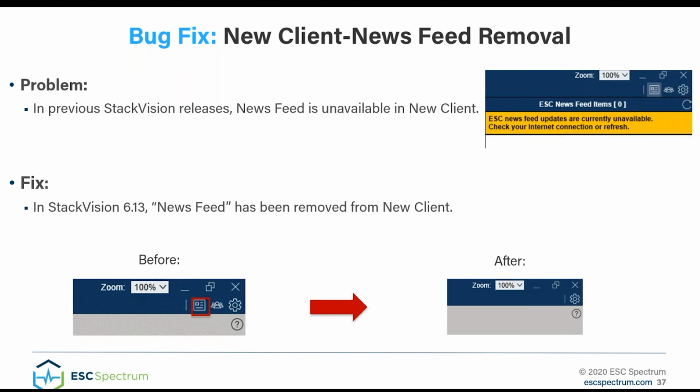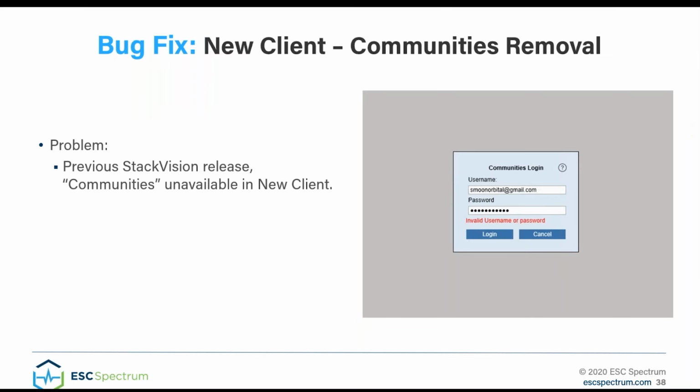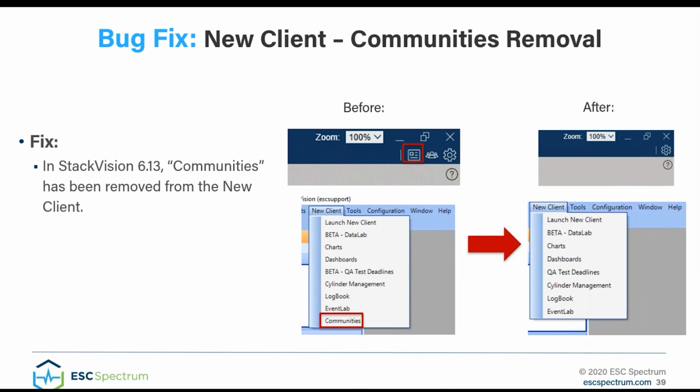That will no longer appear in the new client in StackVision 6.13. We also had a problem with communities, where in previous releases, communities was showing as unavailable in the new client. So we have also removed communities. You will no longer see it in the drop-down menu for the new client, and you will no longer see the icon.